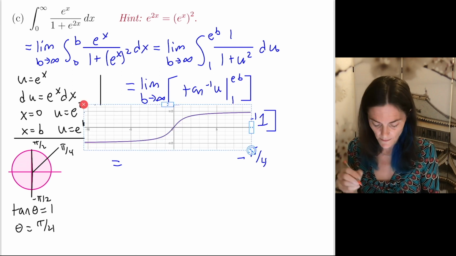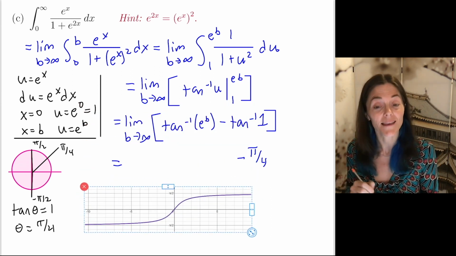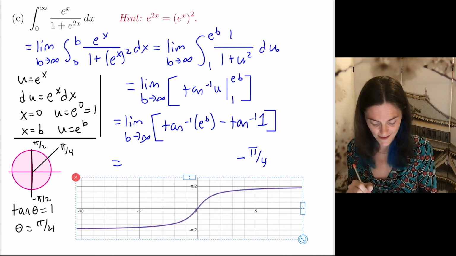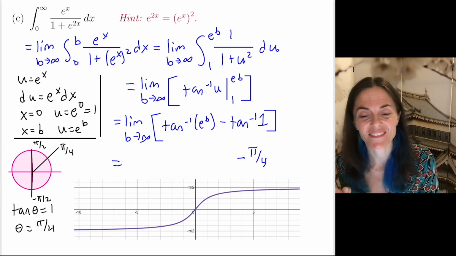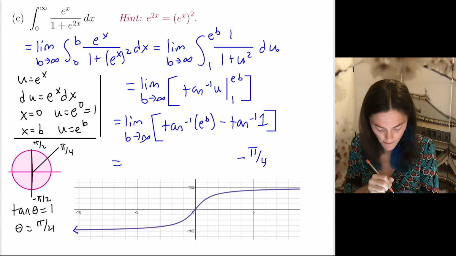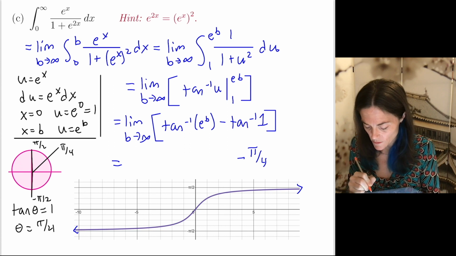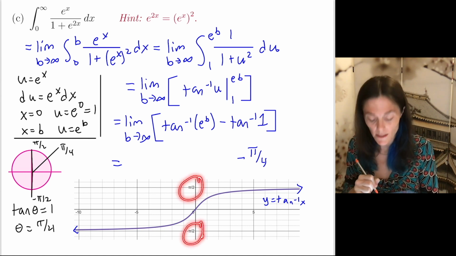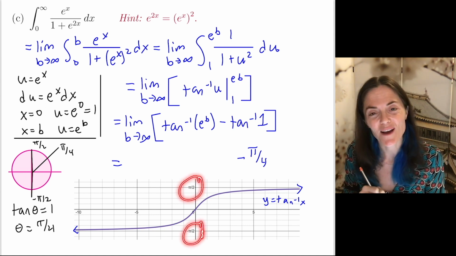If not, let me include a picture we can see of the graph. Hopefully you can see this in the video. So this is a graph of the tan inverse. And hopefully you can read this. It sits between minus pi over 2 and pi over 2.